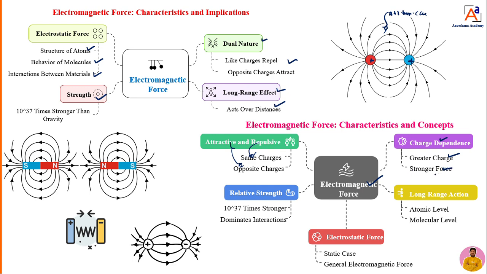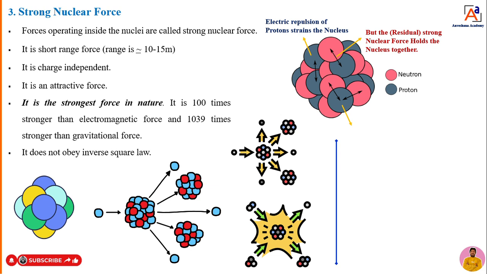That is a strong force, with long range action, meaning the force acts over a long distance. The electrostatic force can be the static case of the general electromagnetic force. In relative strength, it is 10 to the power of 37 times stronger than the gravitational force. This is about the electromagnetic force, dear students.